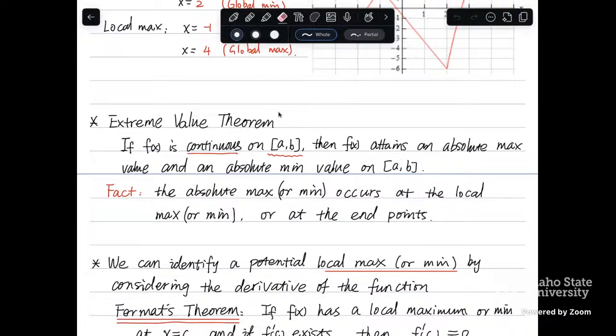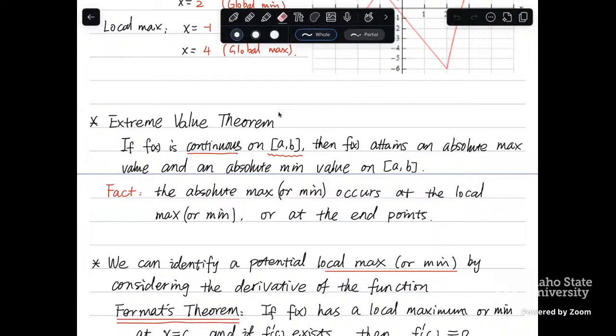Not like this case, if this is an open interval, or half open, then you may not find the maximum or minimum. So this is an important condition.